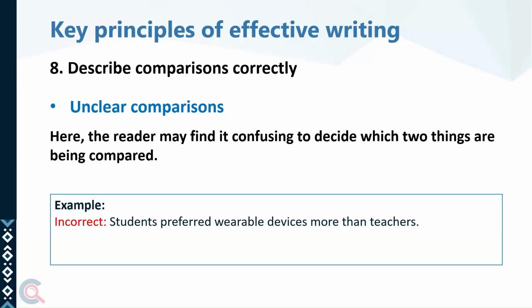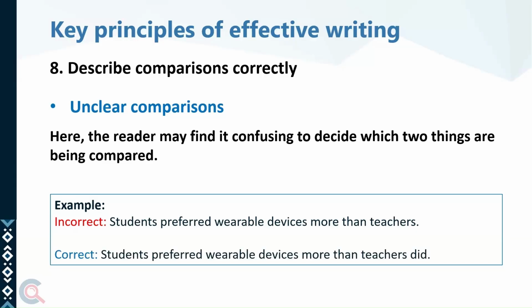We don't know if the students were given the choice between wearable devices or the teachers. A better way to say it is, "Students preferred wearable devices more than teachers did." Just the word "did" added to this sentence makes it clearer that the comparison is between the wearable devices preferred by students and those preferred by the teachers.